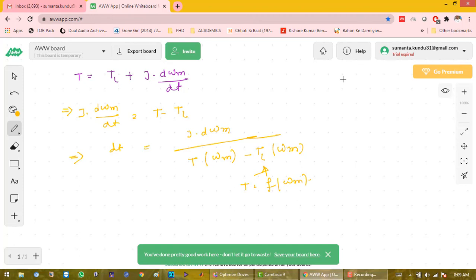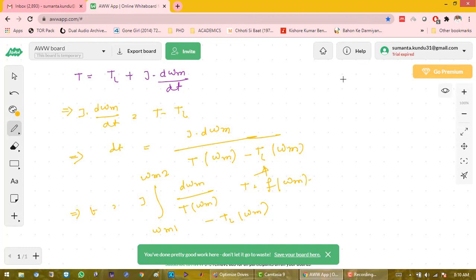So from here we can easily determine t. So t equals J times the integral of d omega m by (T of omega m minus TL of omega m). Suppose the speed is changing from omega m1 to omega m2, and omega m2, as we have seen a few minutes back, is the 95% speed change.